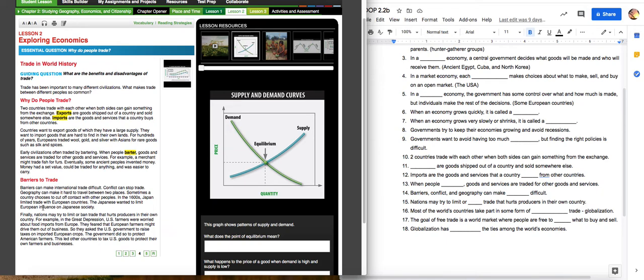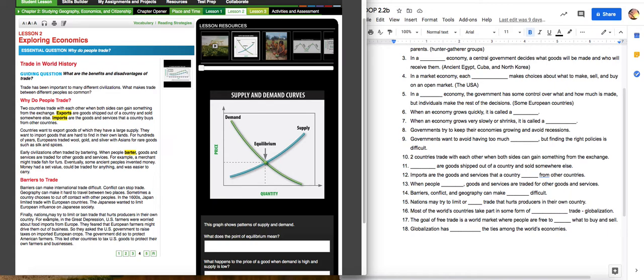The Japanese wanted to limit European influence on the Japanese society. So what happened, guys? We'll study this, but Japan said, dude, we're the best country out there. And so if people come to our country, they're going to take stuff from us, but they can't teach us anything because we're farther advanced than them. We don't like the way Europe runs its countries, and so they just literally closed its border and said, we don't want you in there. It cut off trade.